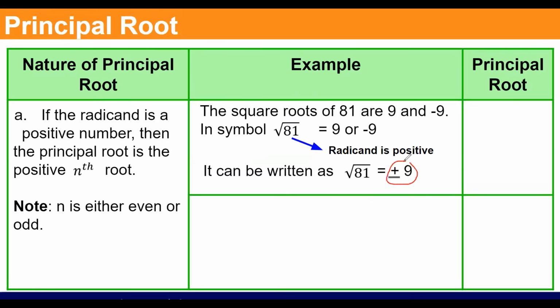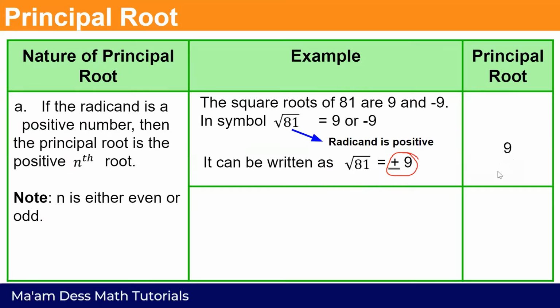So, ito po kung paano natin isulat yung square root of 81 and then yung root niya, positive or negative 9. So, ngayon, ano po ang principal root? So, ang principal root niya ay positive 9 kasi positive po yung radicand ni square root of 81.